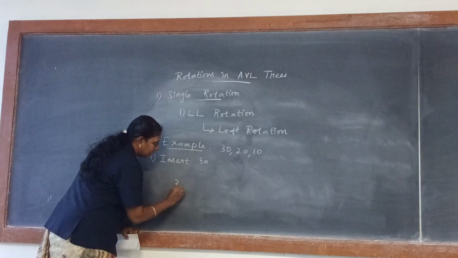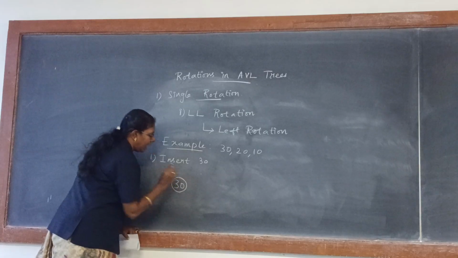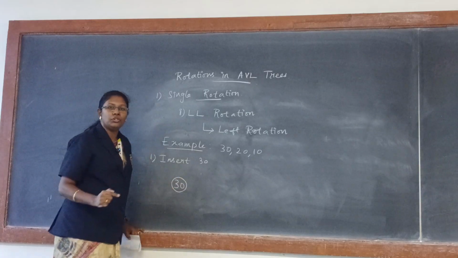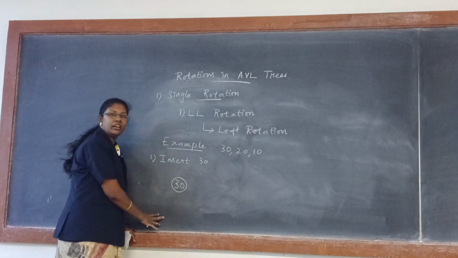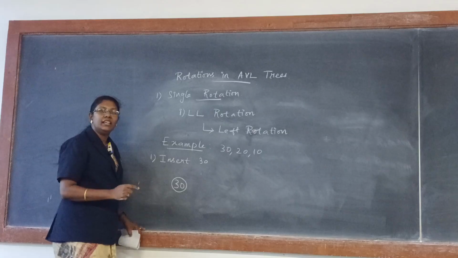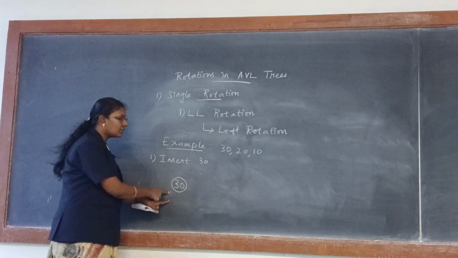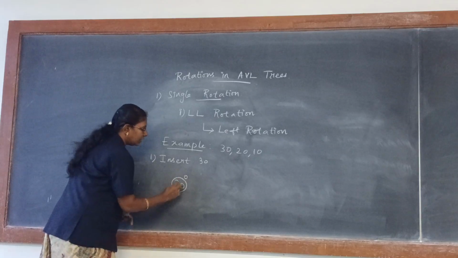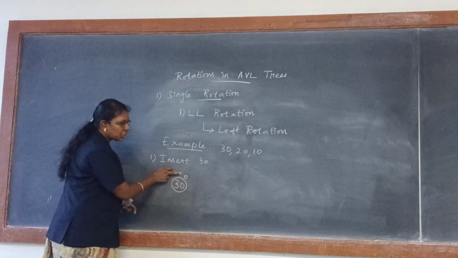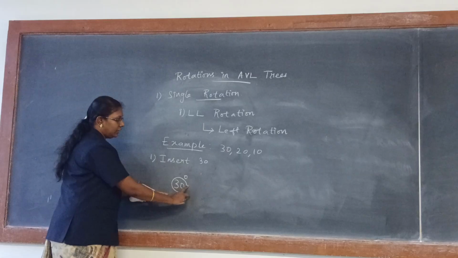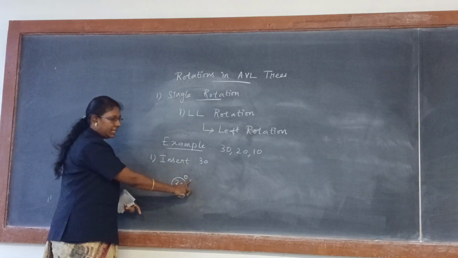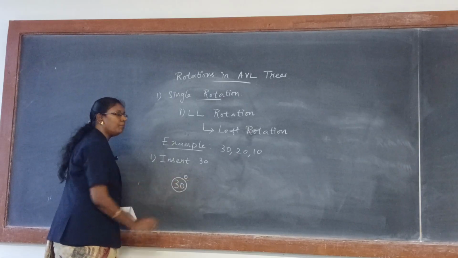So now I am inserting 30. If there is no child for this root node, then the balance factor for this root node becomes 0. Here I am writing the balance factor outside, at the top of the value 30, and this 0 is the balance factor.